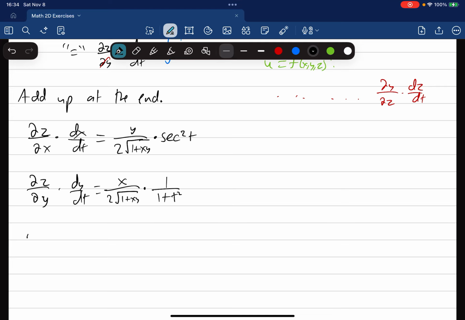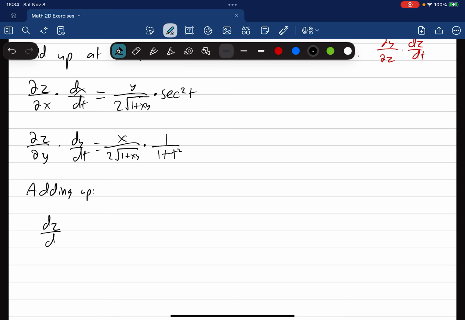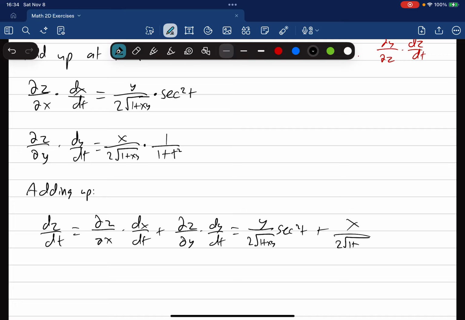And so then, adding up, dz/dt will be this plus the same quantity but with x's replaced with y's, which is equal to y over 2 root 1 plus xy secant squared t plus x over 2 root 1 plus xy times 1 over 1 plus t squared.